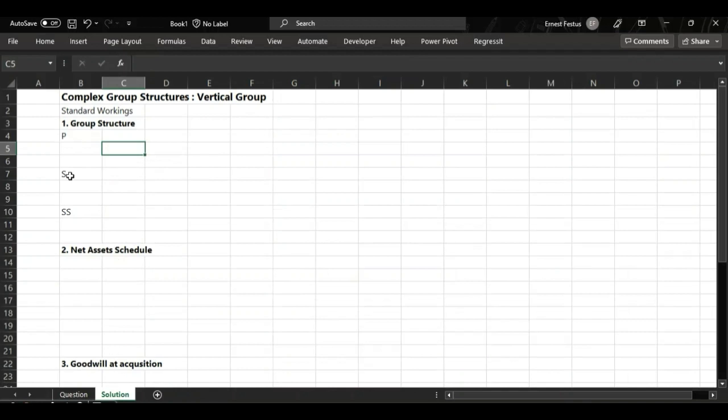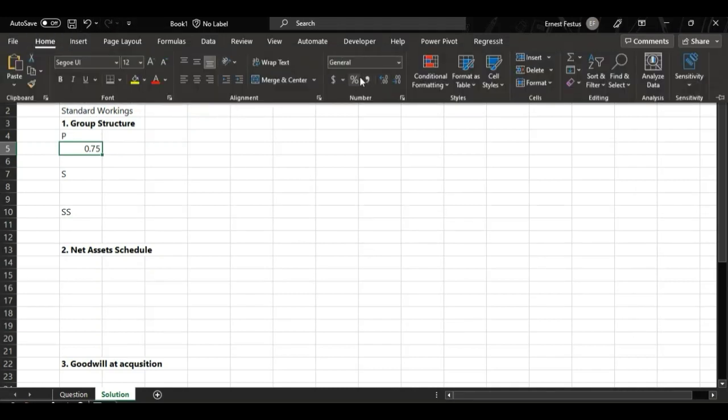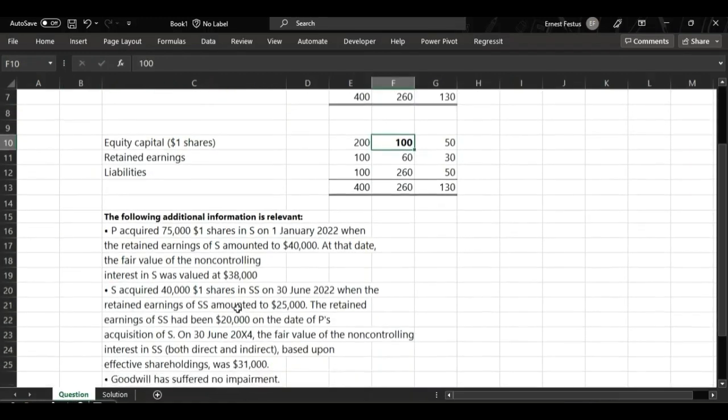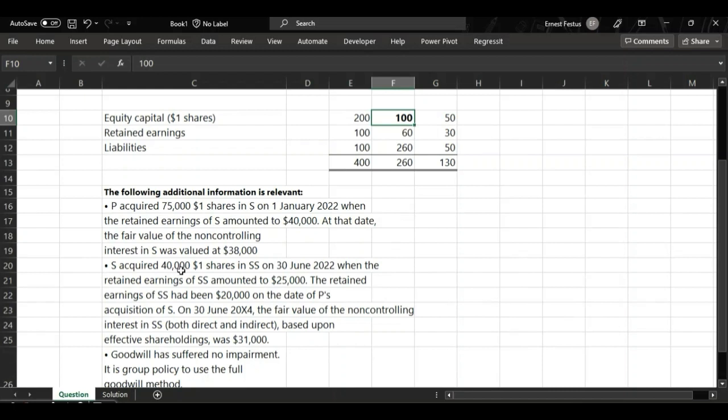This implies that P controls 75,000 out of the 100,000 shares in S. So that is 75%. Convert it to percentage. Now, from the question, we also understand that S acquired 40,000 shares in SS.